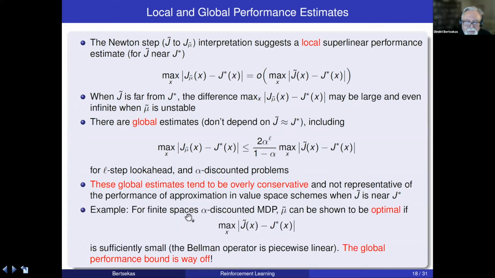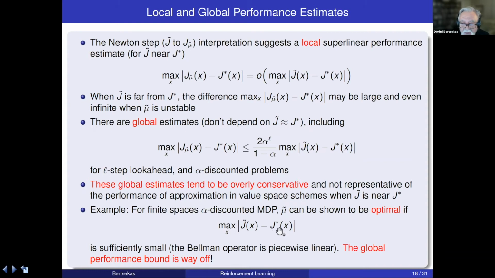And to give you an example where this estimate is really bad, let's consider a finite state and control spaces, alpha discounted Markovian decision problem, where mu tilde can be shown to be optimal if J tilde is close enough to J star. Okay, this is a result.